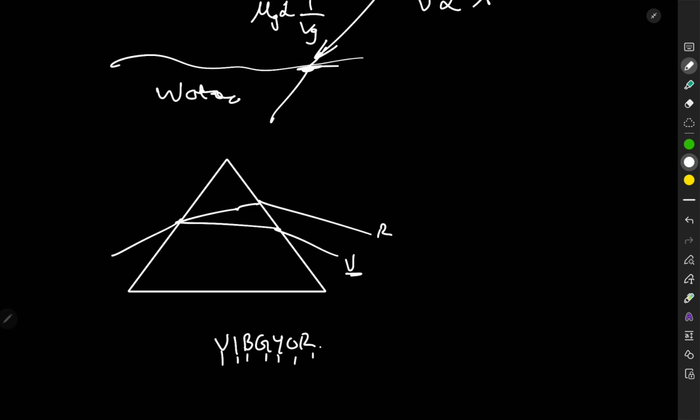Red will have the maximum wavelength, so I can write red will have the maximum wavelength than velocity. How do you find whether violet or red will have the maximum refractive index? It is inversely proportional, as I said, right? So violet will have more refractive index than red. Fine.